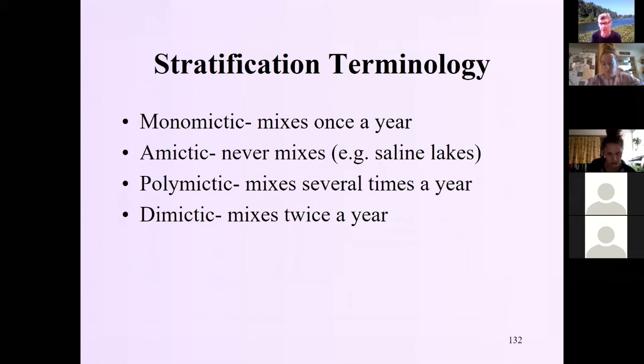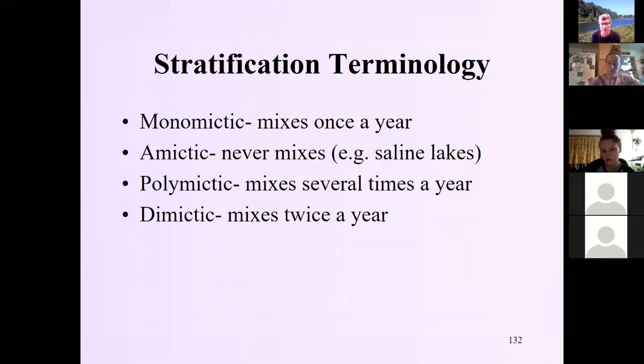You can have much cooler water sitting on the surface of warmer water that's saline like that. Polymictic lakes mix several times a year, so we might see that maybe in the subtropics where wind can mix it, or we can have temporary stratification that can come back.